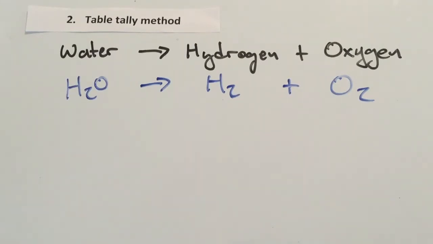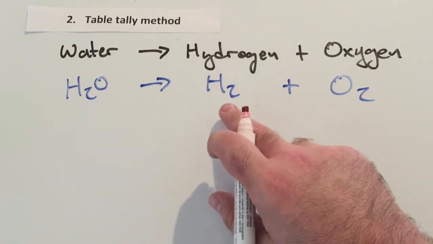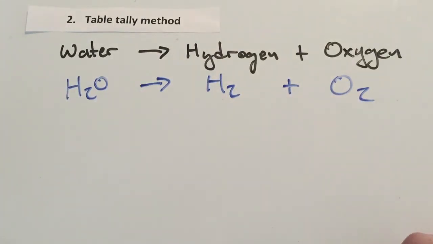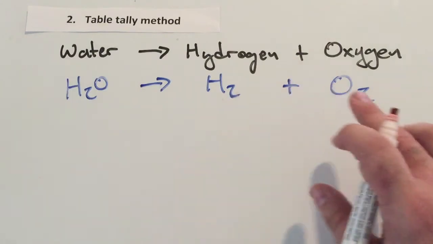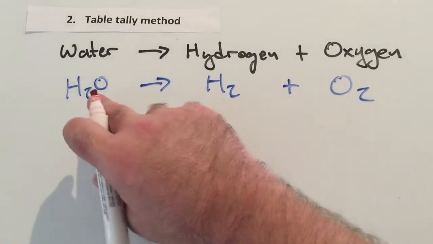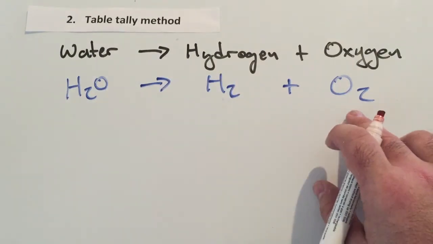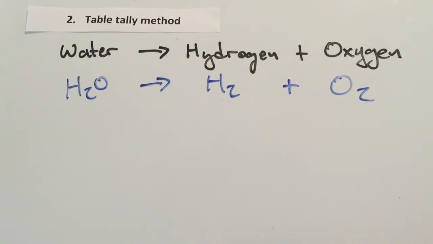So in this chemical reaction, you have your H2O molecule, your water molecule, falling apart to hydrogen and oxygen molecules. But we can't have hydrogen atoms and oxygen atoms by themselves, which is an issue because if you have a look here, you've got 1 oxygen, and over here we have 2. It's not balanced. Let's fix that.